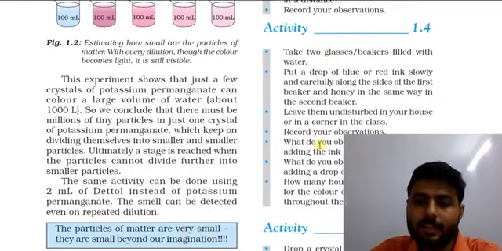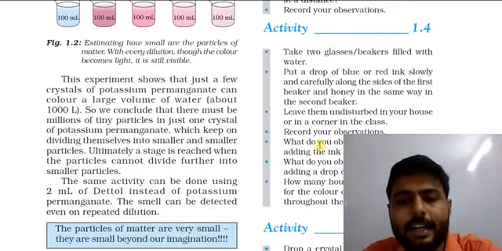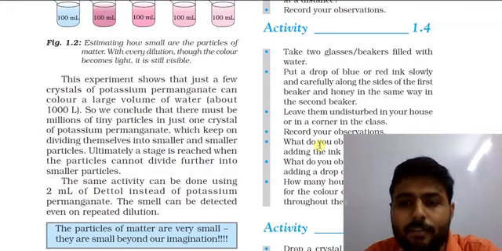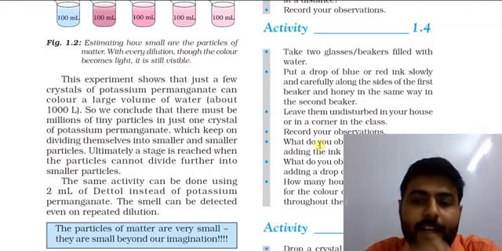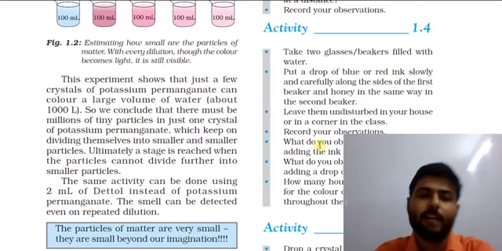Now another activity. Take two glasses or beakers filled with water. Put a drop of blue or red ink slowly and carefully along the side of the first beaker, and honey in the same way in the second beaker. What do we have to do?